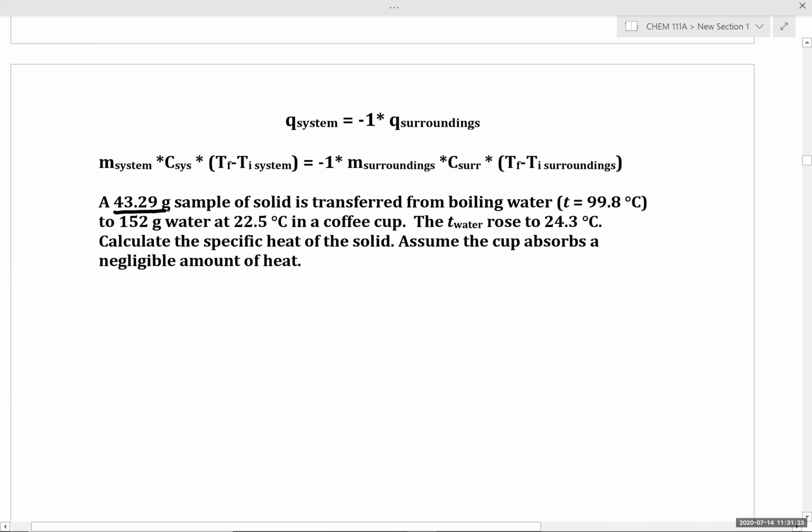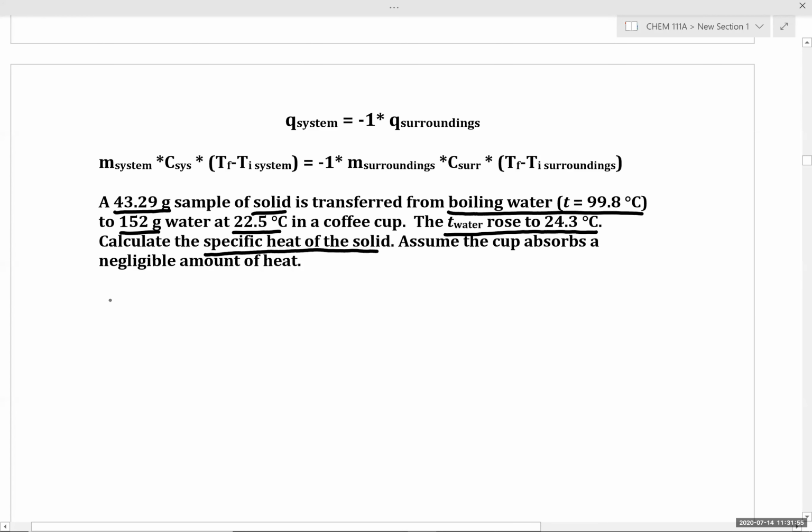A 43.29 gram sample of solid is transferred from boiling water to 152 grams of water at 22.5 degrees Celsius. The water temperature rose to 24.3 degrees Celsius, and we're asked to calculate the specific heat of the solid.